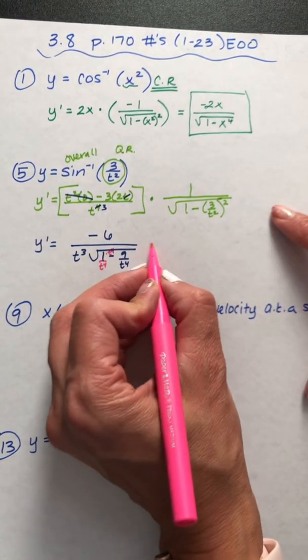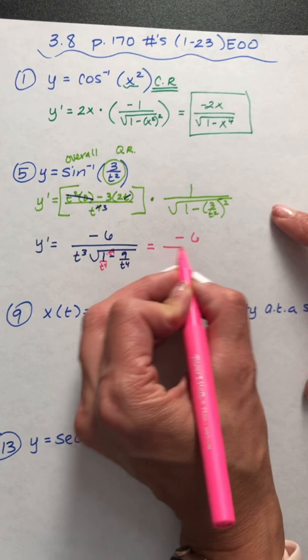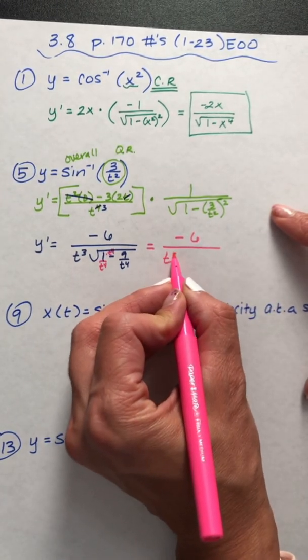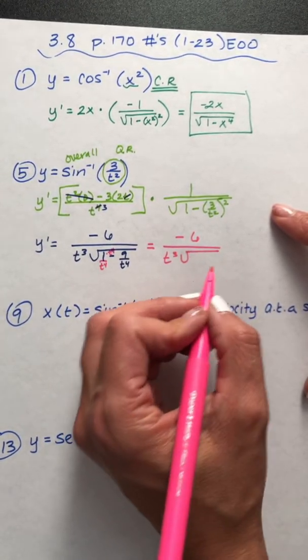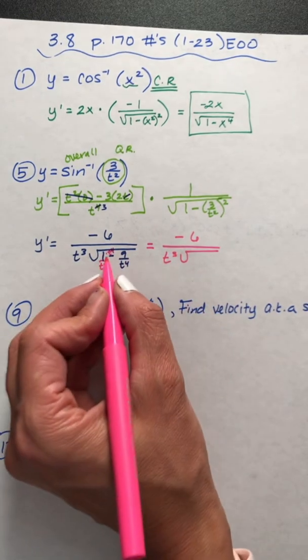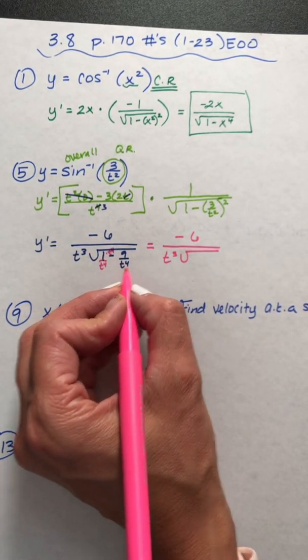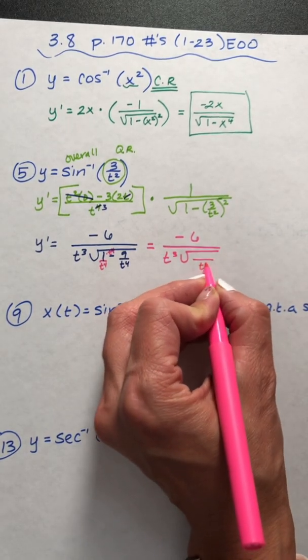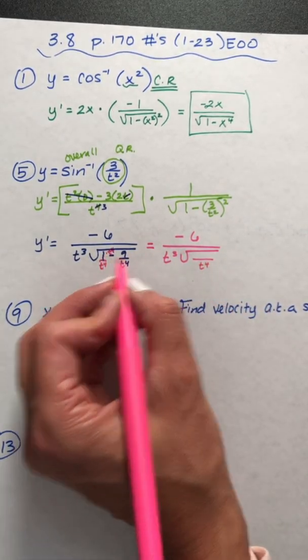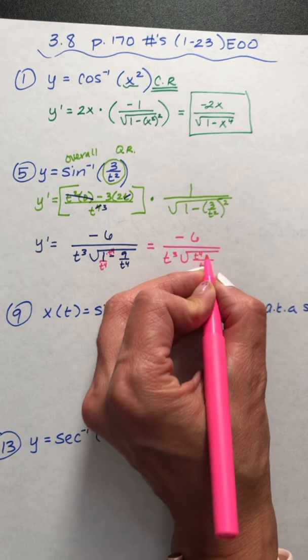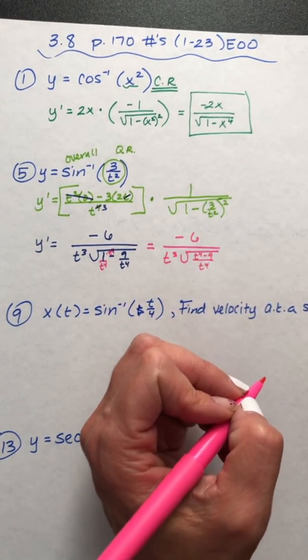Okay, so this will be -6 over t cubed times the square root of t to the 4th over t to the 4th minus 9 over t to the 4th. So I have the common denominator of t to the 4th, and in the top I will have t to the 4th minus 9. That way I cannot have a fraction in there.